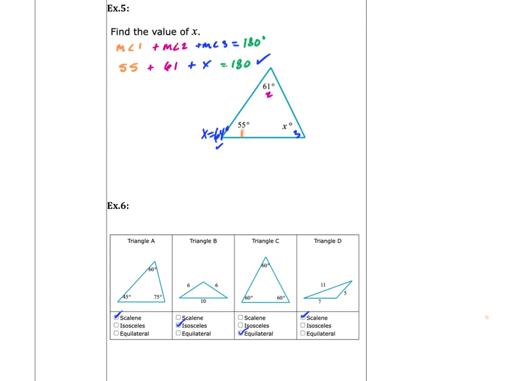Triangle B is isosceles because two of the sides are the same. Triangle C is equilateral because all of the angles are the same, which means all of the sides are the same. And triangle D is scalene because none of the sides are the same. Okay, let's move on to the next one.